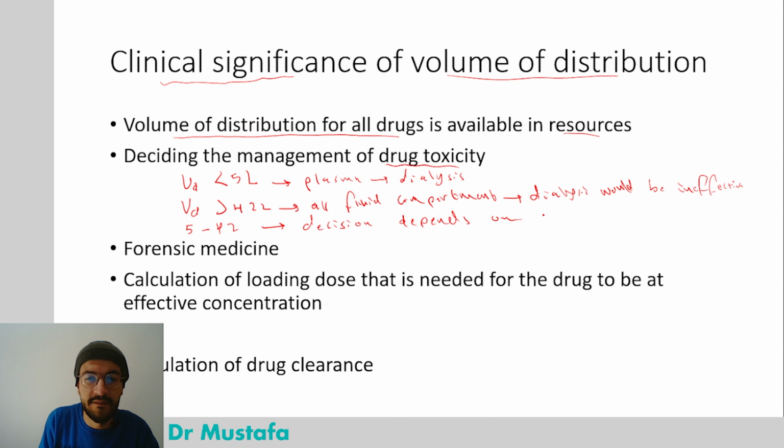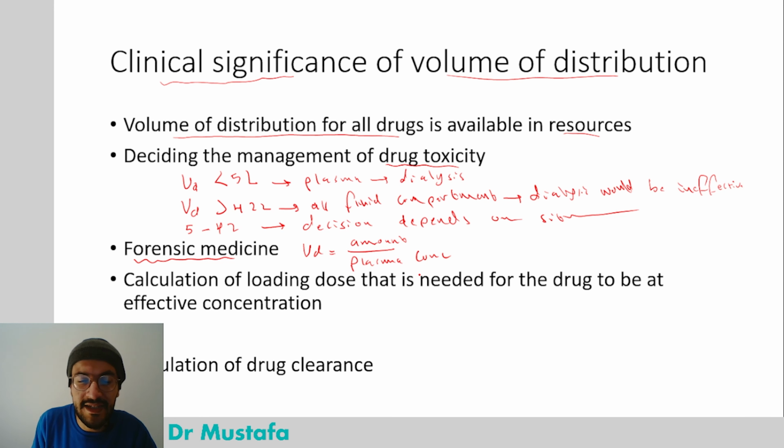Also, the volume of distribution is helpful in forensic medicine, in identifying the amount of the drug that the patient took that was fatal to them. By the same formula, VD equals the amount of drug divided by the plasma concentration. We calculate the plasma concentration of the drug in the patient's plasma, and we have the volume of distribution from the resources, and we calculate the amount that the patient took.